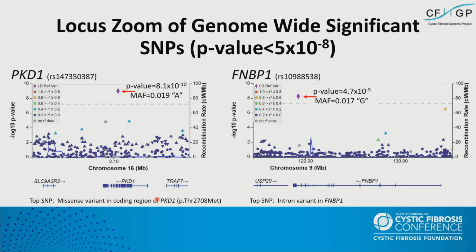The gene on the right side is FMNBP1, a formin-binding protein. It gave us a p-value of 7 times 10 to the -8. And again, it was a low minor allele frequency gene, 1.7%. So again, it must have a large effect size to show up here with that kind of p-value.